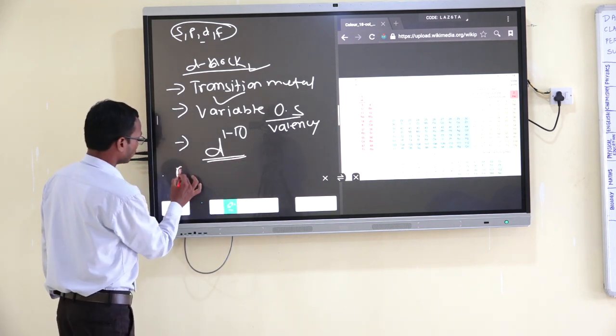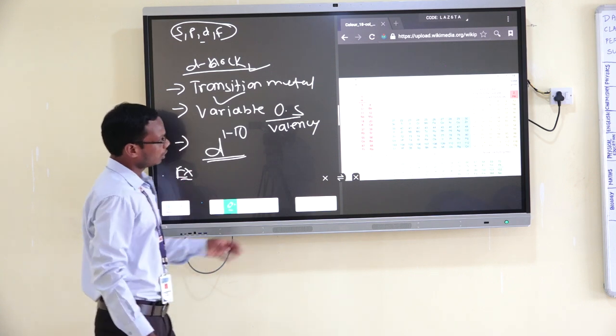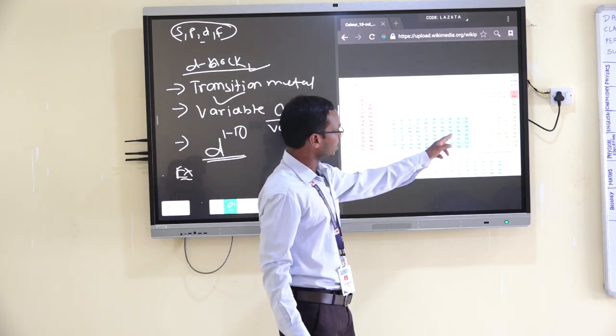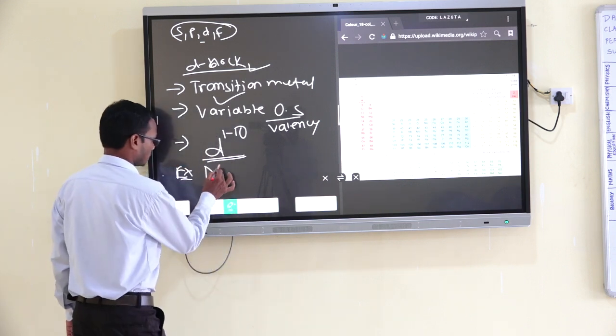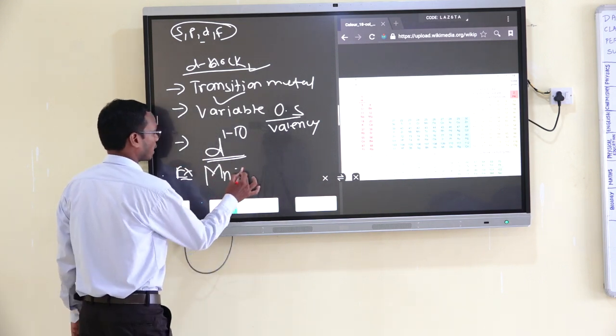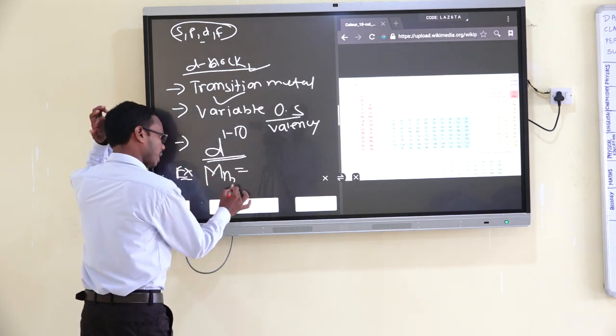One example: take any one element from this. Suppose manganese. What is the atomic number of manganese? 25.